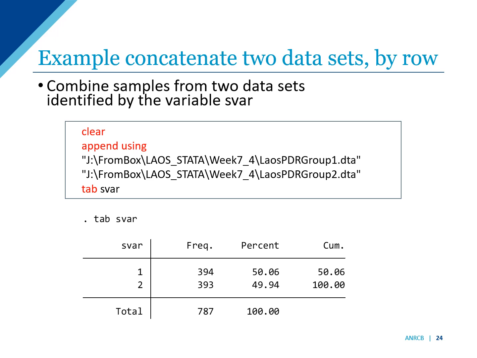Running the append using command with the file path to each dataset, and then running a table for the variable SVAR, tells us that the datasets were joined properly, as we can see that the frequency of SVAR 1 was 394 and SVAR 2 is 393, which are each the ends for each data group.